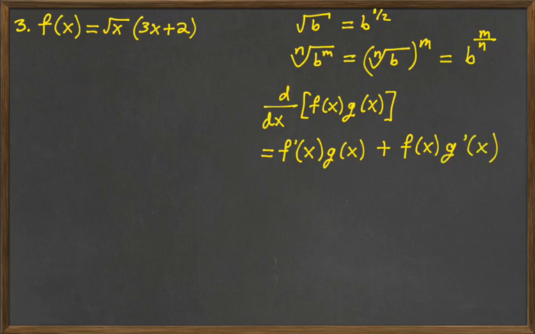So the derivative of the product f of x times g of x is going to be f prime of x times g of x plus f of x times g prime of x. And if you have the order different, f of x g prime of x and then f prime of x g of x, that's fine. Addition is commutative, also multiplication is commutative, so that can be arranged a little bit differently if you want.